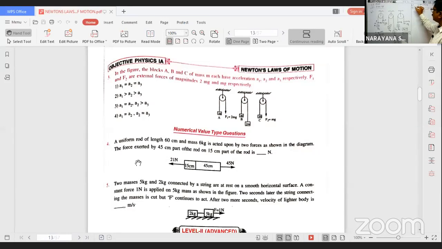I think you have done this problem. I have given it as homework to you. Then what is the tension exactly at this point, which is at a distance 15 centimeter? What is the tension in the rod? T is equal to question mark.